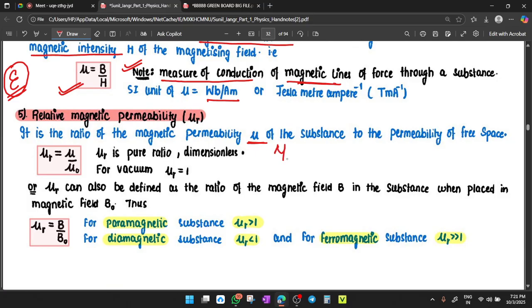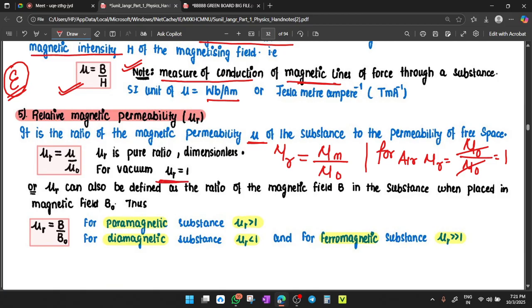Very simple: relative permeability mu r equals mu of material by mu naught. If your medium is air, then for air, mu r equals mu medium by mu air, which equals 1. So for vacuum or air, relative permeability equals 1. So note it down, mu r equals mu by mu naught.